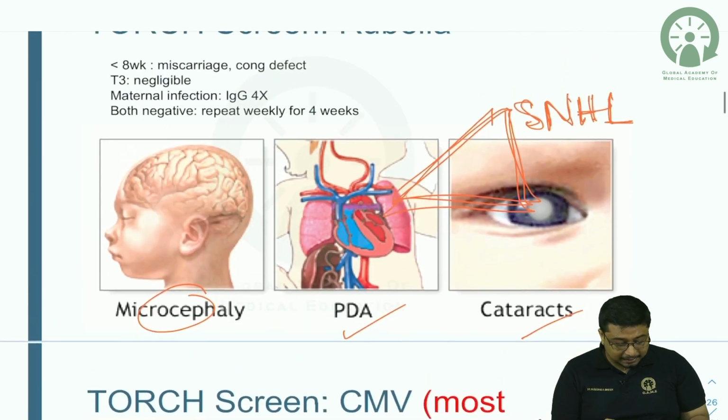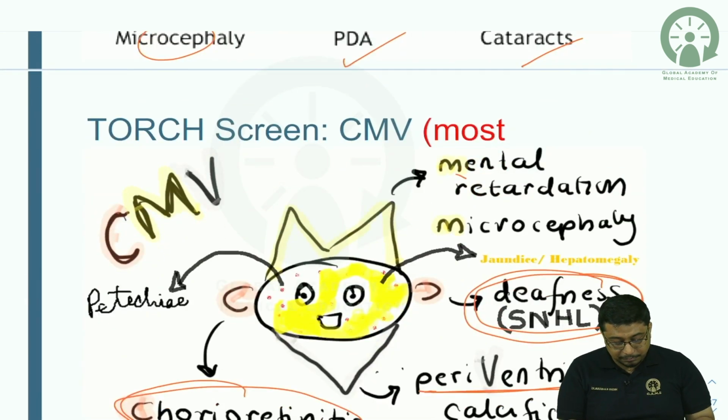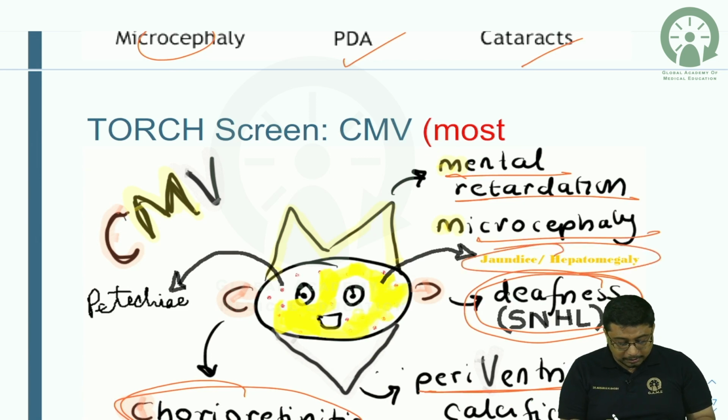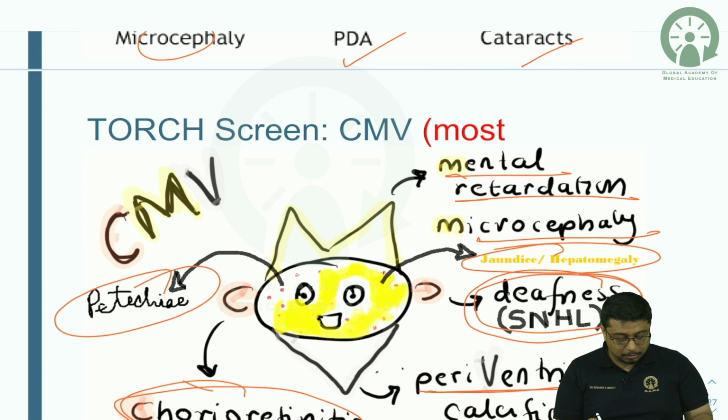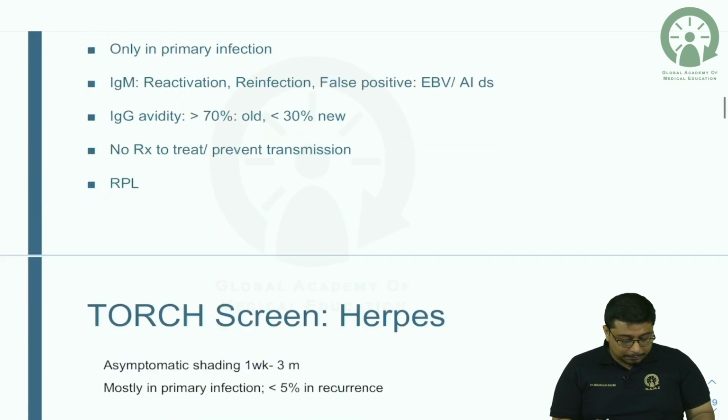So if you see suddenly cataract, that is what is atypical. Chorioretinitis is pretty much seen everywhere. So this also leads to mental retardation, microcephaly, and also jaundice, hepatomegaly, and petechiae all over. So you can remember this cartoon, so it will help you.